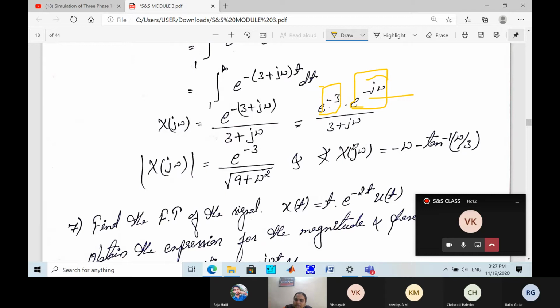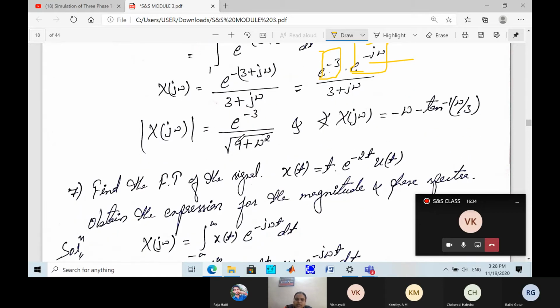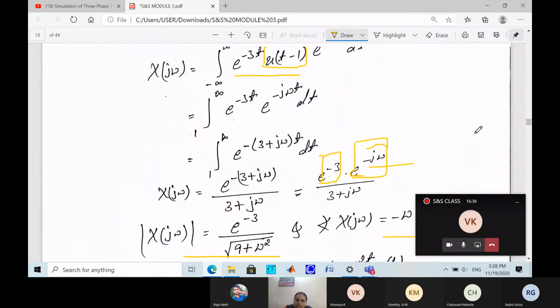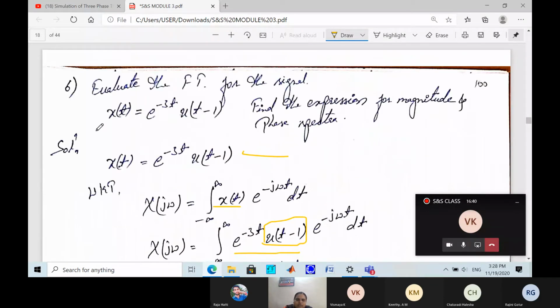So the angle of X of j omega is equal to minus omega in the numerator. The denominator is tan inverse of omega by 3. If I take that to the numerator, you'll be getting minus tan inverse of omega by 3. This is the magnitude and the phase of the given equation.